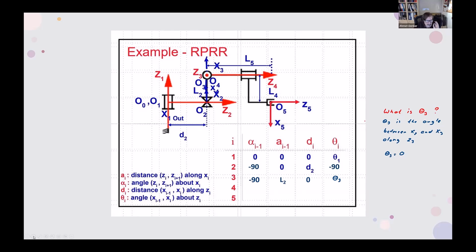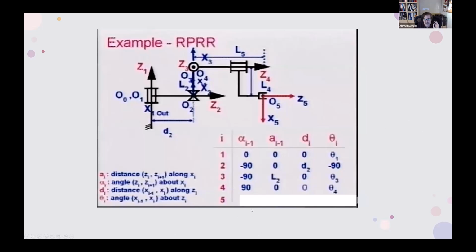Okay. Now we have 2 more sets of parameters, 2 more x's, 4 and 5. Now when I am talking about x4, I am talking about the revolute joint. Therefore, I am going to get the parameter of the revolute joint theta 4. Since there is no prismatic joint, D is going to be 0.